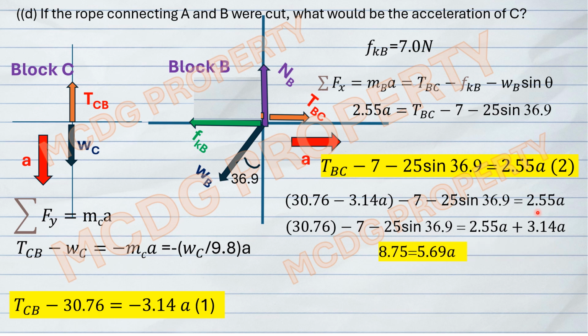So we can solve for the acceleration. This will be our equation, 8.75 is equal to 5.69a. Therefore, the acceleration of block C when the connection between blocks A and B were cut, it will be 1.54 meter per second squared.